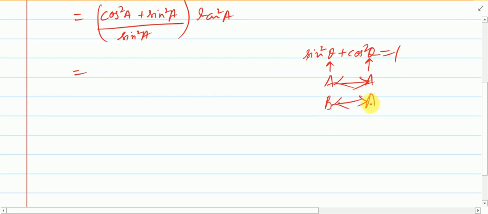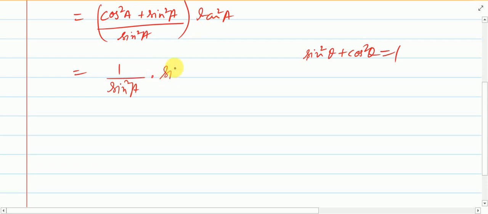A, B, whatever you want to put, but both have to be same. So here you can see it is cos square A plus sin square A, so you get 1 over here, and here simply sin square A, and this tan square A can be written as sin square A upon cos square A. Yes.